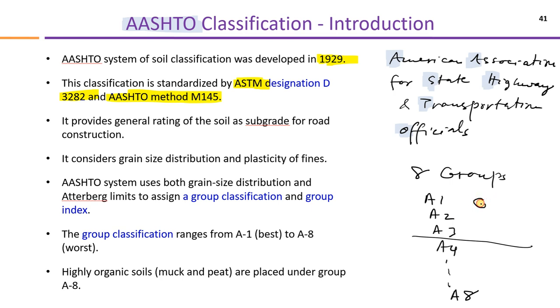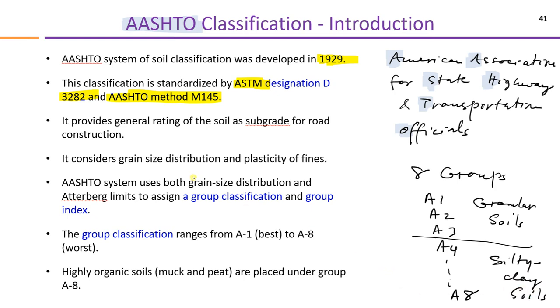And A4, A5, A6, A7 and A8 are called fine grained soil, or silty clay soils.